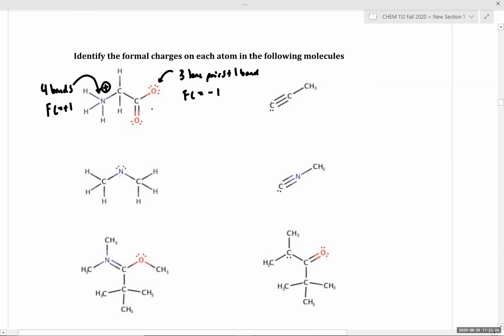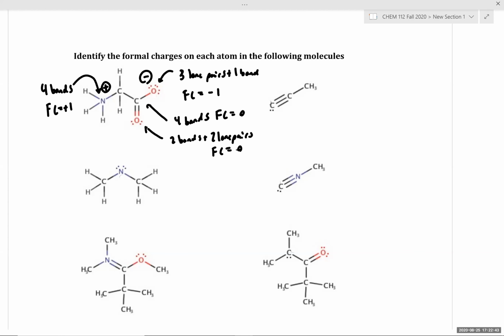The carbon in this case has 4 bonds, so that gives us a formal charge of 0. And the oxygen has 2 bonds plus 2 lone pairs, which would give us a formal charge of 0. So we've assigned our formal charges to each of our major atoms.